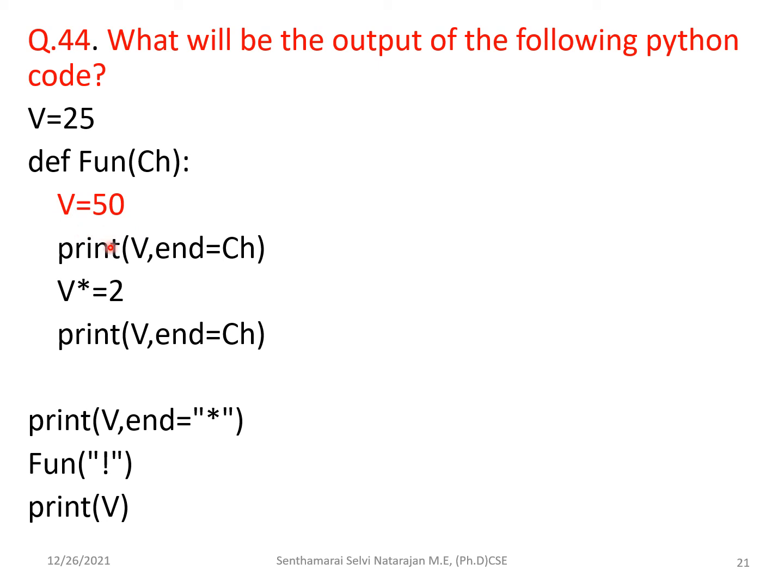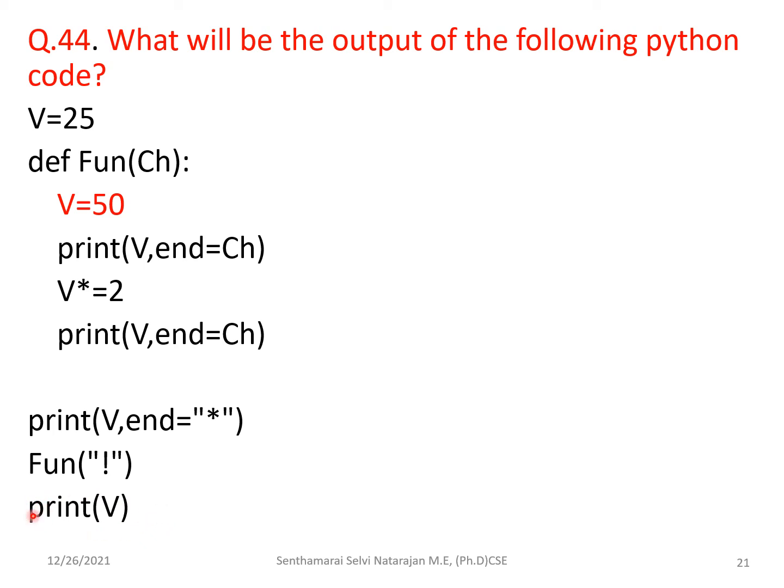Here v is equal to 50, so the value v equal to 50 is printed with the exclamatory symbol, and then 50 to be multiplied with 2, so 100 is printed with the exclamatory symbol. So in this statement it is printing 25 asterisks, and calling this function it will be printing 50 exclamatory symbol. After this it will be printing 100 and then exclamatory symbol.